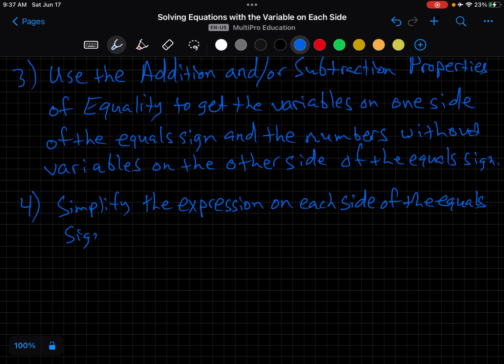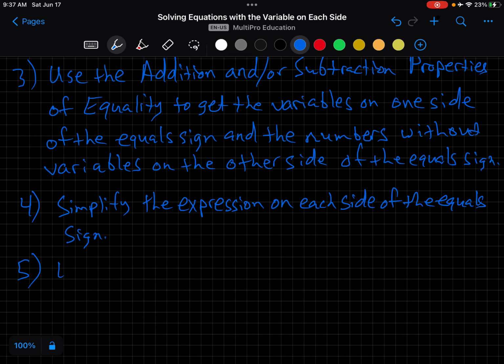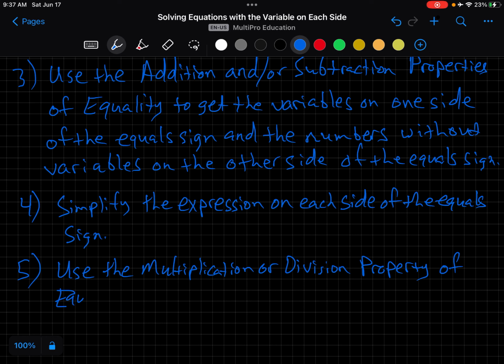Okay. And then the last step, we have to use the multiplication or division property of equality to solve.